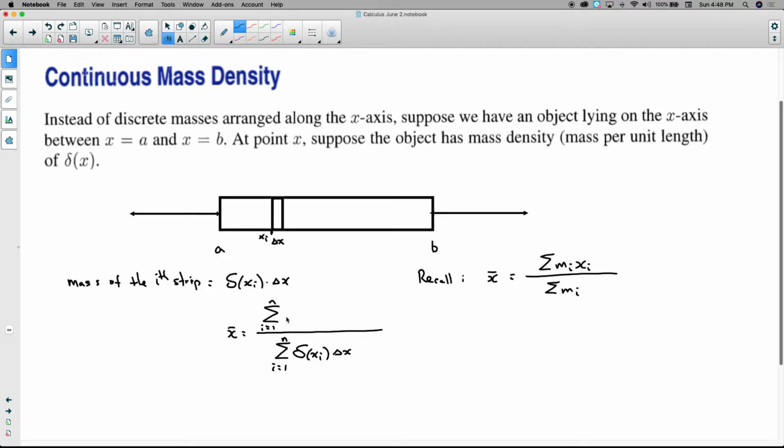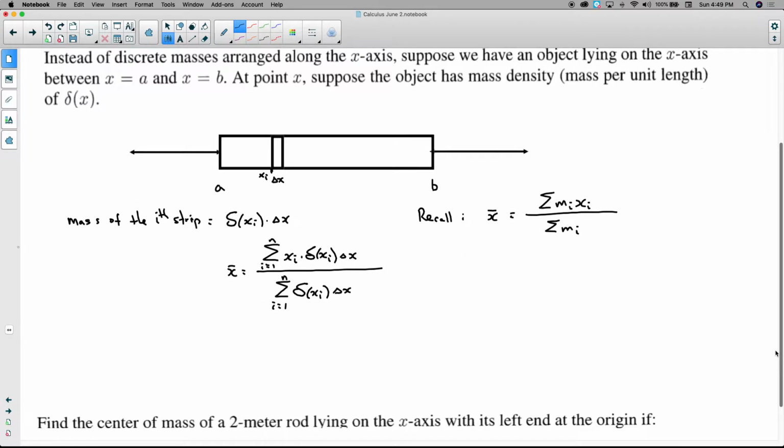Okay, so I'm going to write that x part first, and then we're going to multiply that by the density function evaluated at some x value times the thickness of the strip near to that x value. So variable density, a function that describes the density being this delta of x. And all right, so this is our center of mass formula, x bar. That'd be for n many.